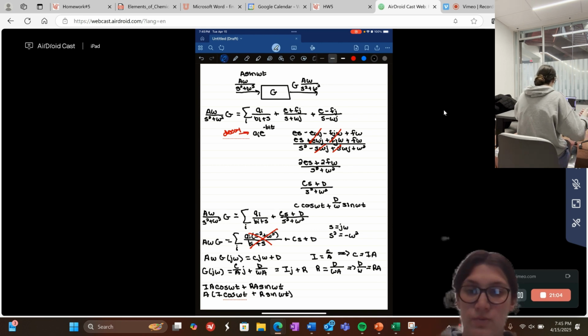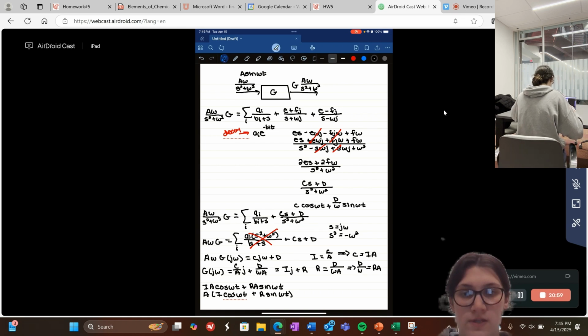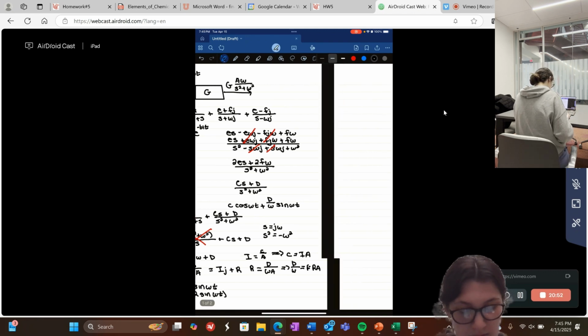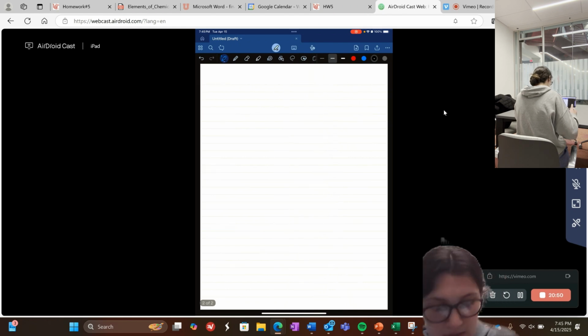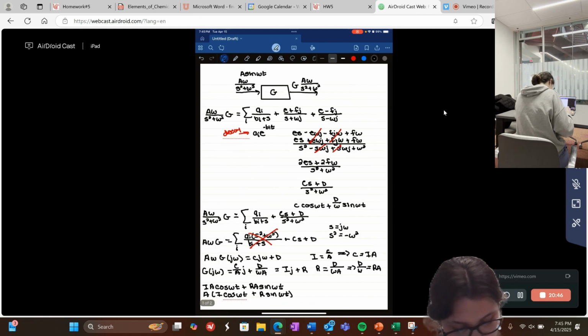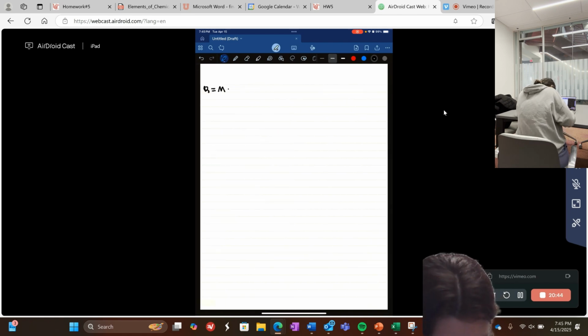Now what we want to do is convert this from what is still a sum of signals into one single sinusoidal signal. So to do that, what we can do is set r equal to m times cosine of phi, and i equal to m times sine of phi.